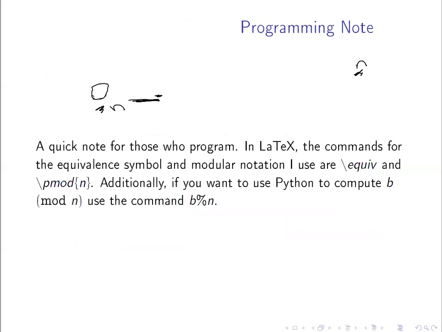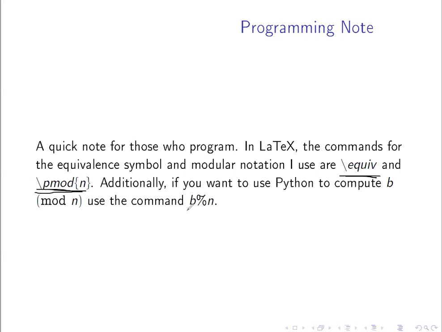Just a quick note for any of you that do programming. In LaTeX, which is how I make my presentations, and how I type up everything, my notes to you and so forth, I do \equiv and \pmod{n}. These are the notations I use that generate things. If you're using Python, you can actually literally compute these things very simply.